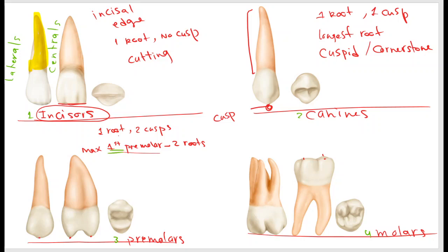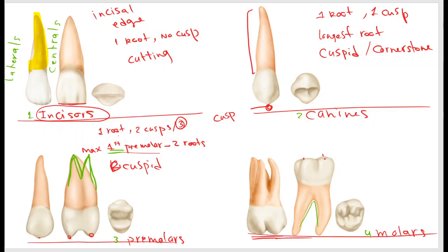And usually the 2 roots are not like the ones you see on a molar, but it's more like at the end, it just has 2 small roots, not completely bifurcated all the way, but still, right? They call them also bicuspid because they have 2 cusps. Some actually do have 3 sometimes, but most would have 2 cusps.